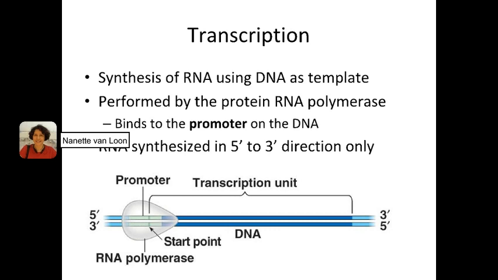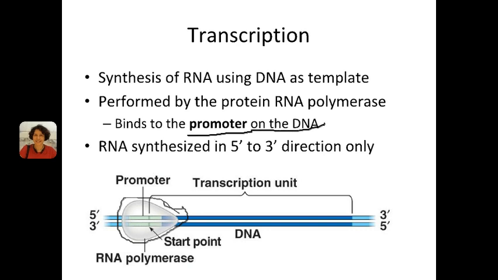Now we're going to take a closer look at the process of transcription. Remember that it entails the synthesis of an RNA molecule using DNA as the template. It is performed by a protein called RNA polymerase that is represented by this over here. RNA polymerase binds to a location on the DNA that's called the promoter.